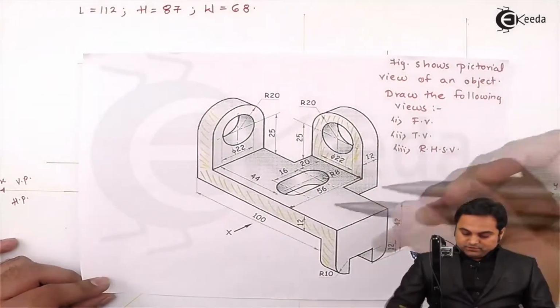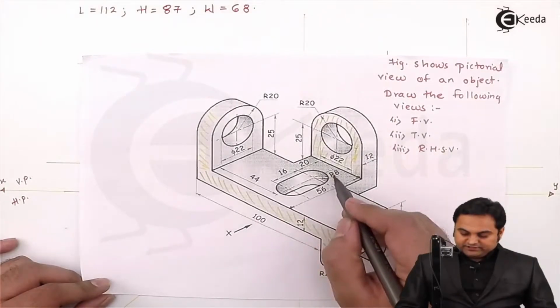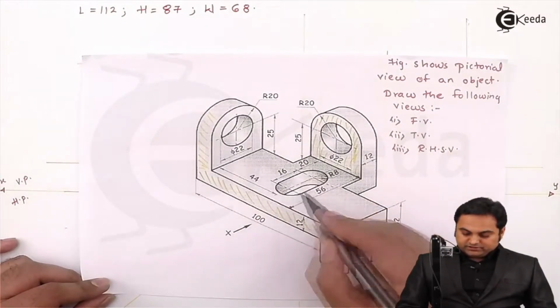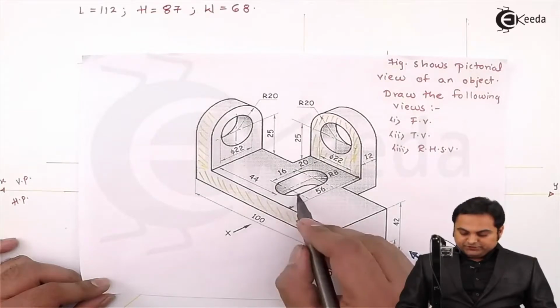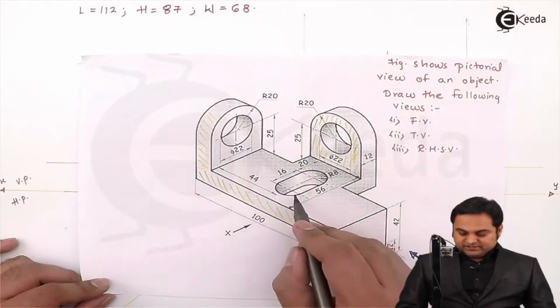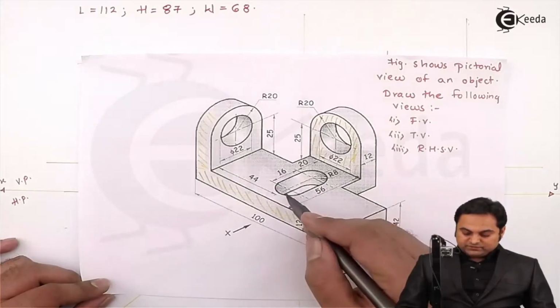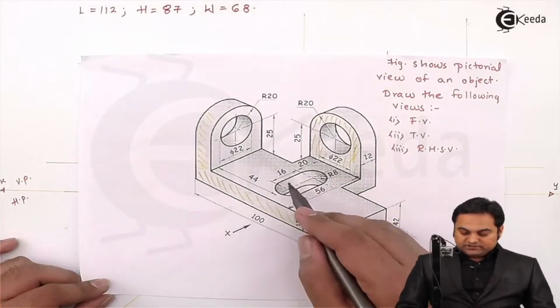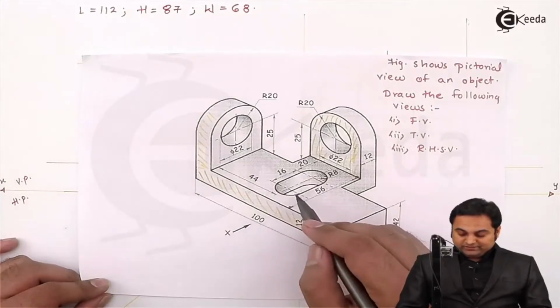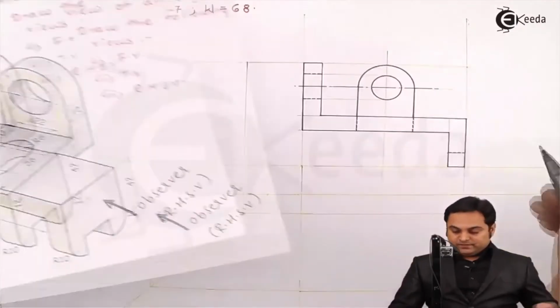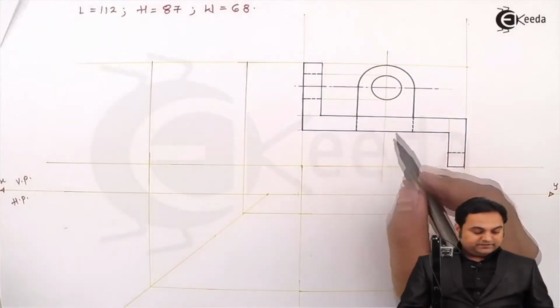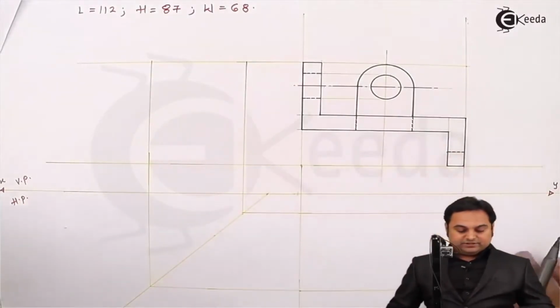Now, here there is a semicircle having radius 8, so its length corresponds to the diameter, that is 16 mm, and its depth is throughout. As we see here, there is a hole of this shape. So the length of this hole is 16 mm, and it is there inside this plate. So here I have the center of the plate.